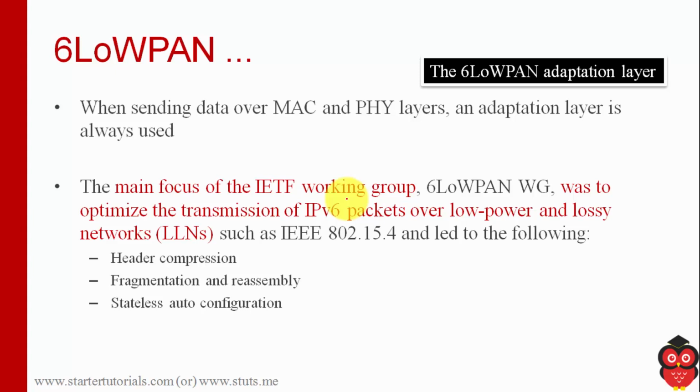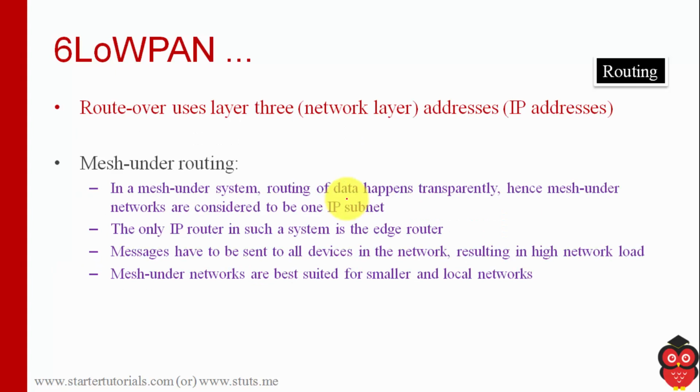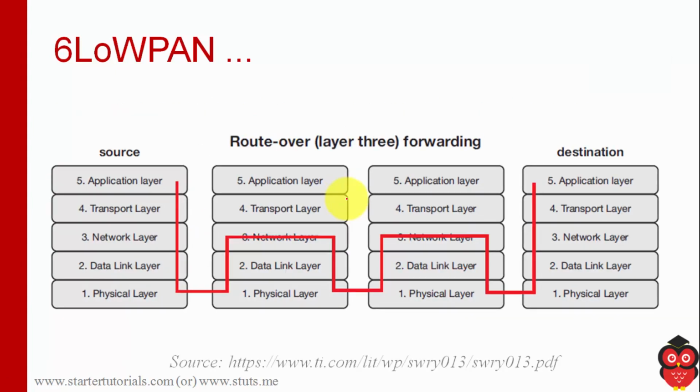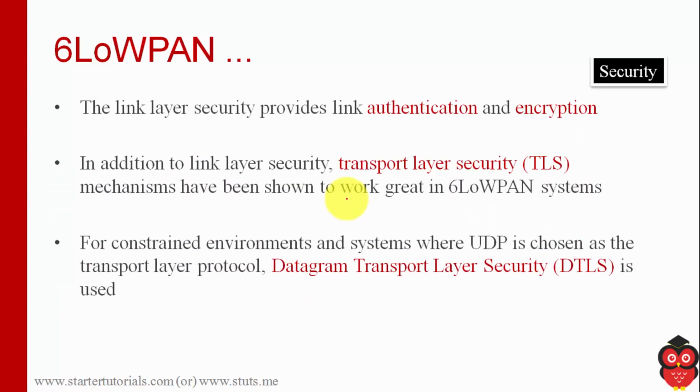And finally, we have seen what the 6LoWPAN adaptation layer does. And then we have discussed routing, how routing happens in a 6LoWPAN network, two types of routing, mesh under as well as route over. And then finally, we have seen the security of 6LoWPAN.